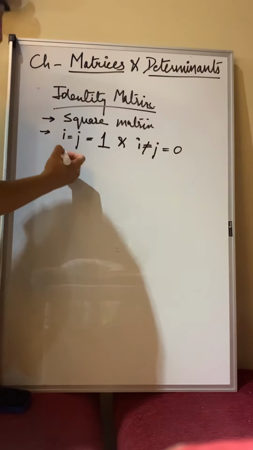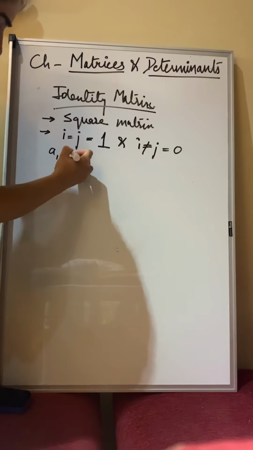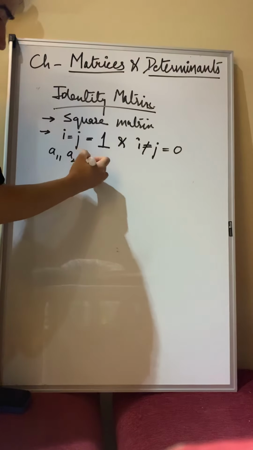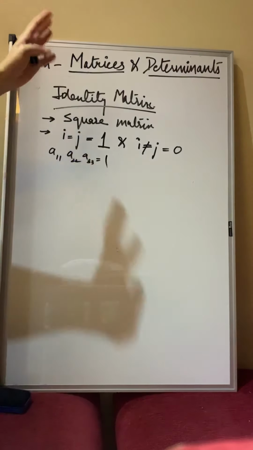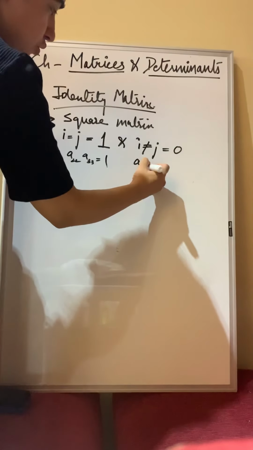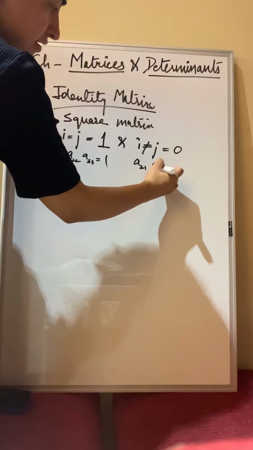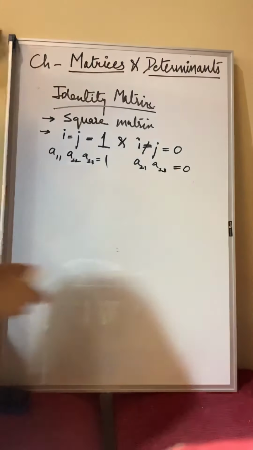For example, A11, A22, A33, they all will have the value of 1, and the rest, like A21, A23, and so on, will all have a value of 0.